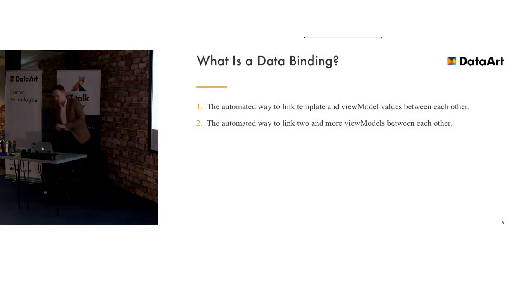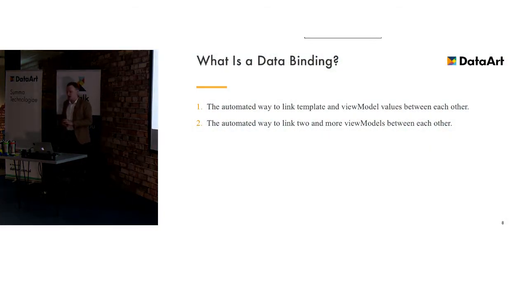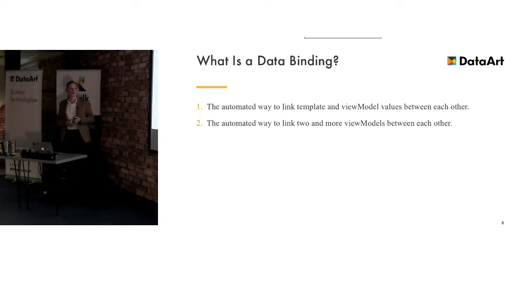Let me explain. We have two ways of data binding. First way, first use case, is a link between template and view model. For example, we have some data in the view model which we want to represent in our template, just a simple value. And if the user changes something or we get some event, we want to update it.